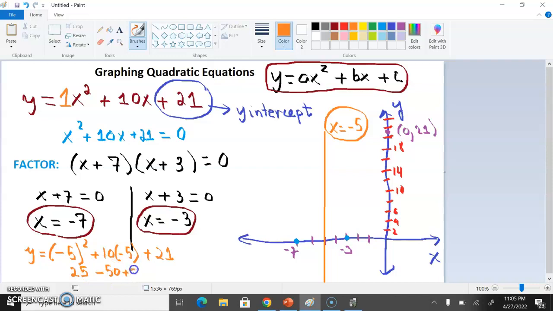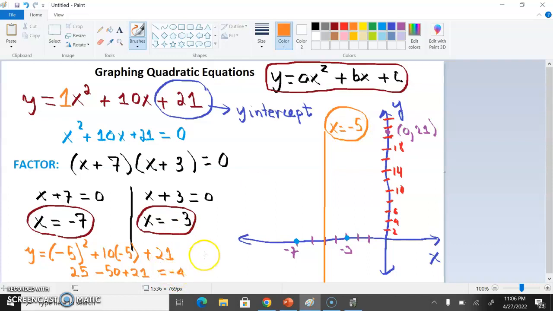Plus 21. 25 minus 50 is -25. And -25 plus 21 gives me -4. So when x equals -5, y equals -4.